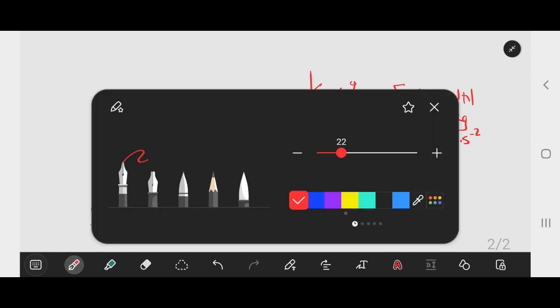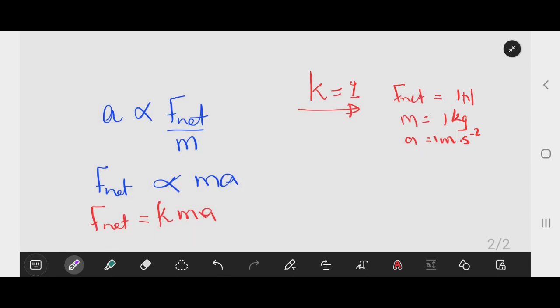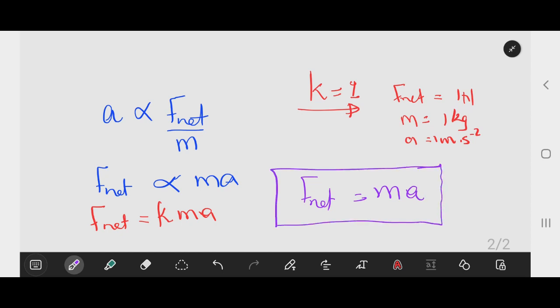So now, if k is equal to 1, that is the same as F net is equal to m a. So this is Newton's second law in terms of an equation. The net force that is applied on an object is equal to the mass multiplied by the acceleration of that object.